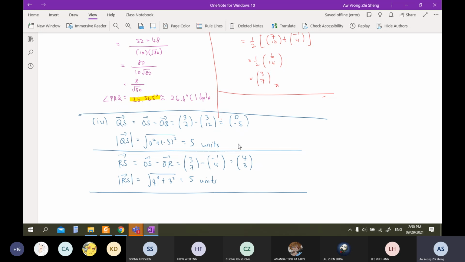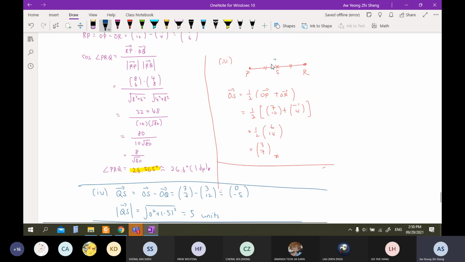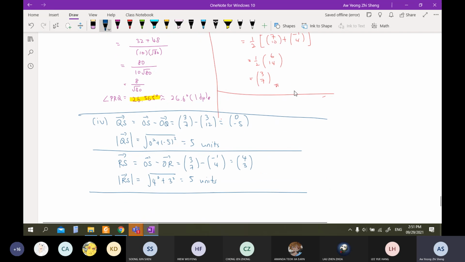OS is half of... Wait, I don't get what you're trying to say there. S is the midpoint of P and R. Nothing to do with Q. So I don't see the logic about what you said.